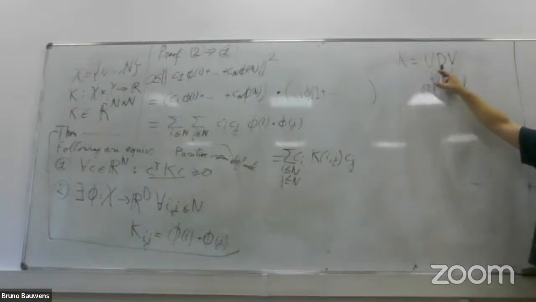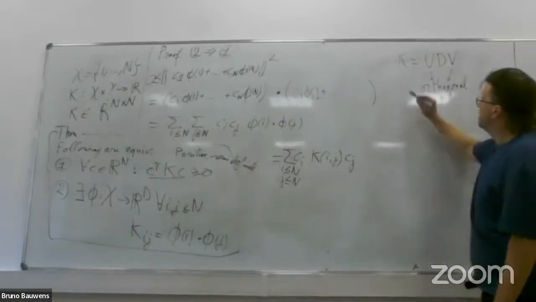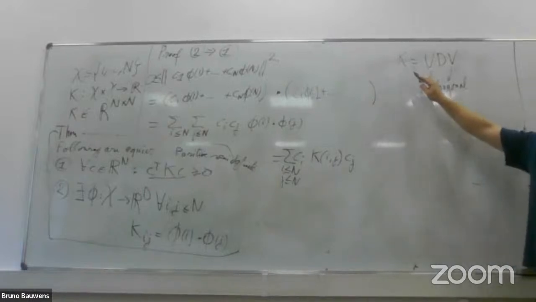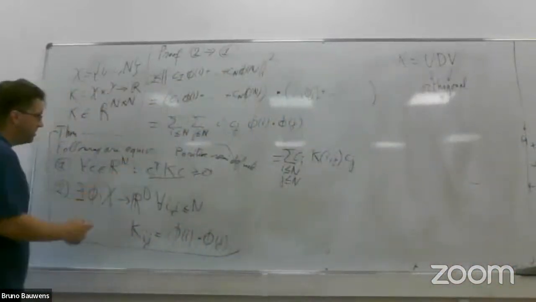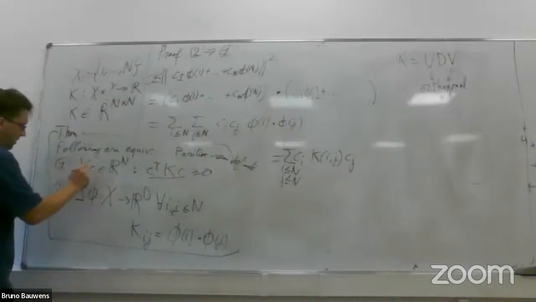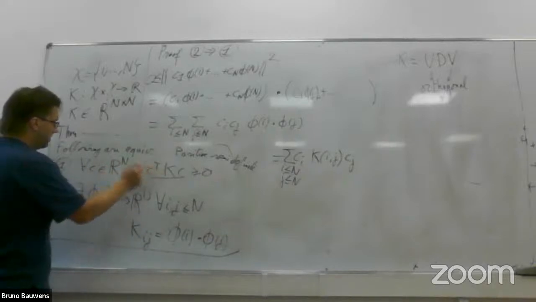U is a basis for the column space, and V is some basis for the row space. This is a diagonal matrix. Sorry, I forgot to say that in 1, we also have to add the condition that K is symmetric.